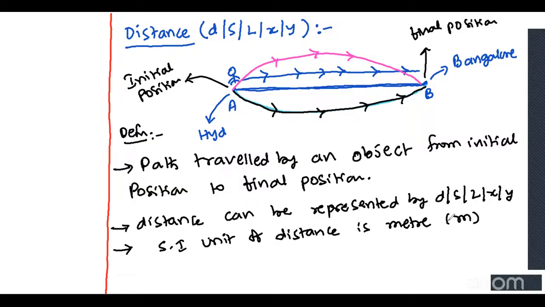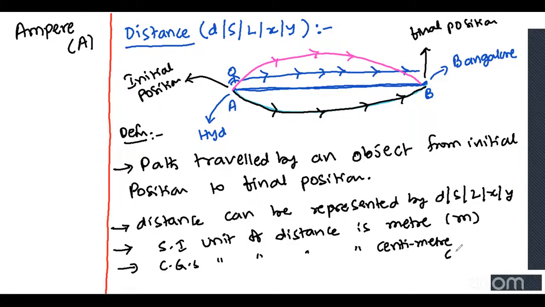If you see, in 10th class you might have studied current. The SI unit of current is ampere. Ampere is the name of a scientist, so we indicate it with a capital A. Another unit of distance is centimeter, cm.